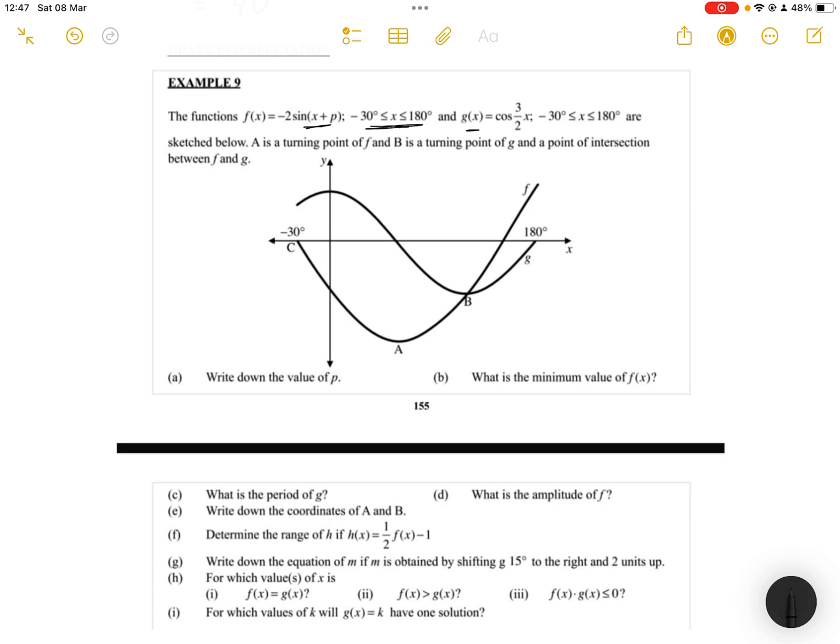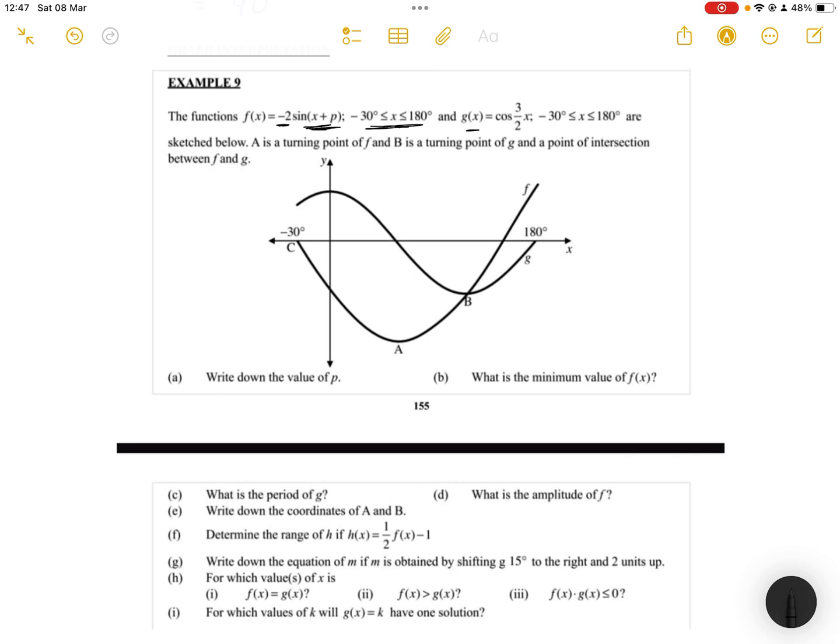So the value of p is a shift of sine. How are you going to determine the shift? We can see there is a negative sign there. It was about f. Here is the f.